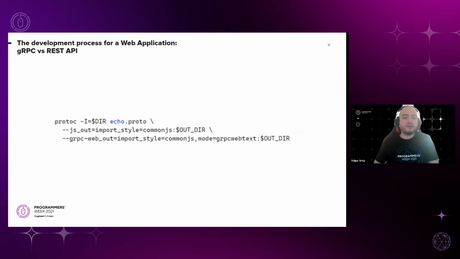When you have it installed on your machine, you need to run this command and provide your relative path to your protos folder, living in your web application, and an output directory for the files generated by this tool. Be mindful that for the import style that you select on this step, you have support for Closure or CommonJS styles.